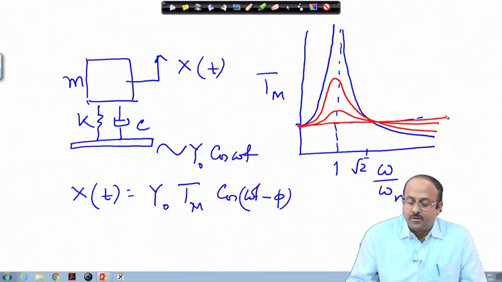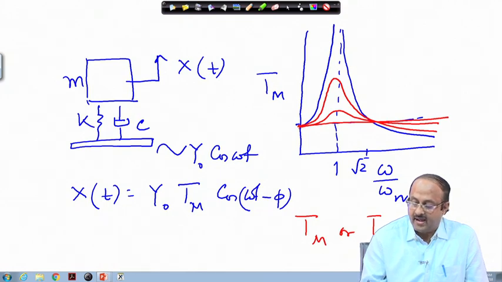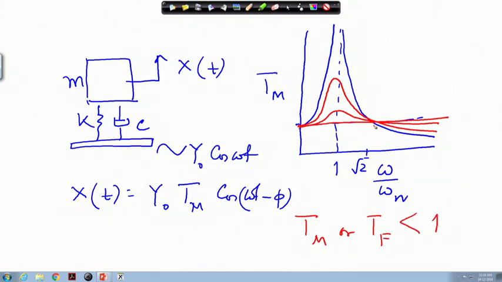Now, in both the cases we have seen that T m or T f is actually less than 1, which occurs in this region, that is here, the excitation force gets reduced while transmitted, and also the exciting displacement gets reduced, because x is related to y naught through this T m.